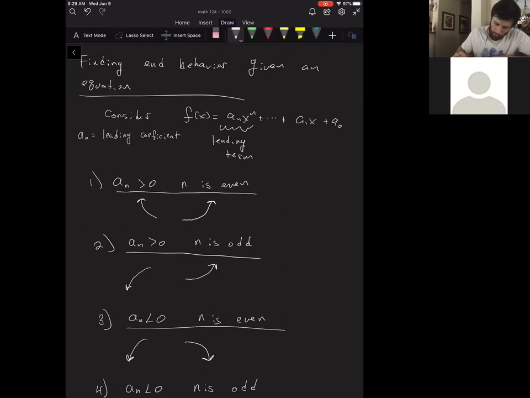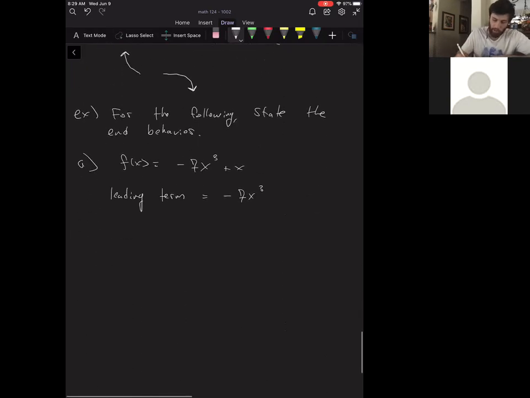I think that's really all we need. So in this situation, our leading term is minus 7x to the 3. So our leading coefficient is minus 7, which is negative, and our power, which is 3, is odd.